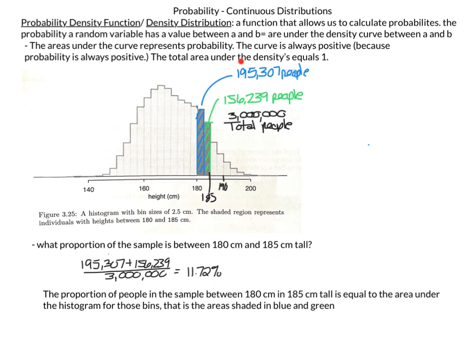Well, that's going to be 195,307 plus 156,239 divided by 3 million. It's approximately 11.72%. But the thing you want to take away from this video is that it's going to be the area shaded in blue, plus the area under the curve shaded in green.